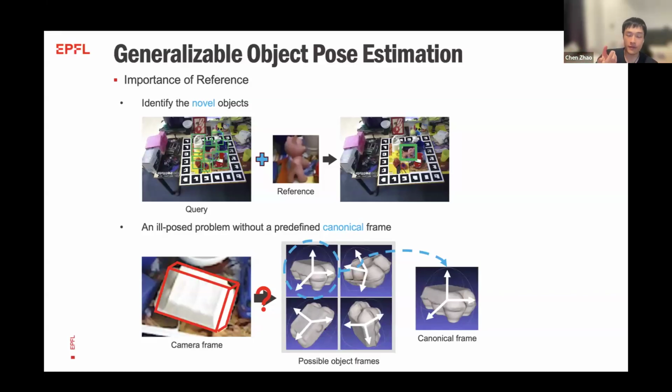If we have access to the 3D object model, of course, we can define this canonical frame. Otherwise, as you can see here, there could be multiple possible object frames, and in this case, of course, we cannot get a meaningful relative transformation. So that's why we need the reference to first define a canonical frame, and then we can make the pose estimation meaningful.